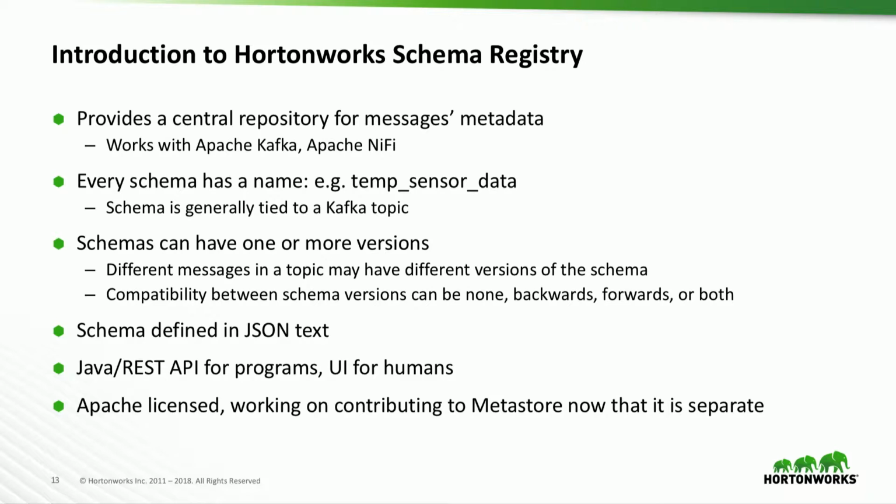You might be familiar already with Confluent schema registry, very similar idea. The idea is you have messages flowing through your streaming systems, such as Kafka or NiFi. You need to know what the schema of those messages are, right? How do you keep track of that? The schema registry does that for you.